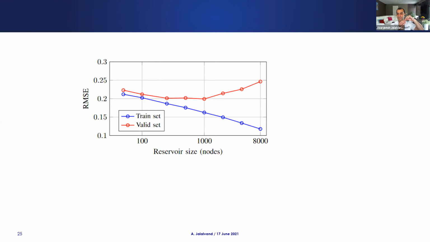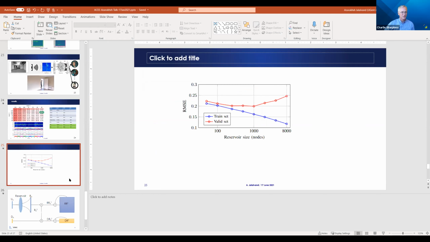That's the input feature space. And this plot tells you that if we increase the size from 325 to 1,000, the performance is optimized. So by feature space, I mean the number of features that you feed into the model. Yeah, that makes sense. Thank you.